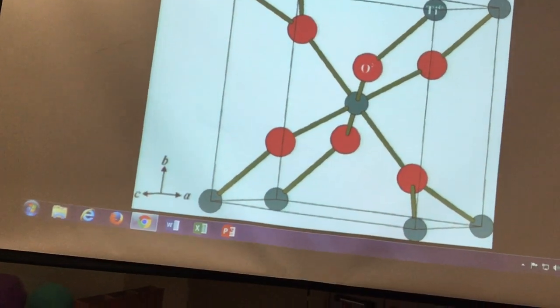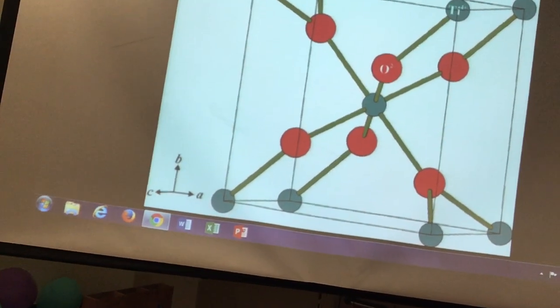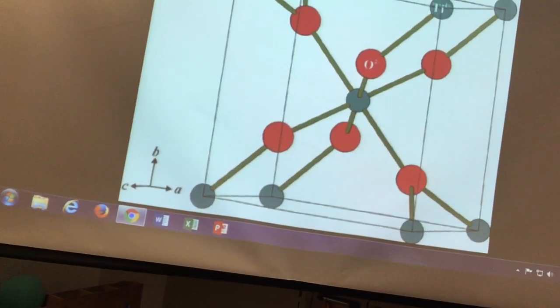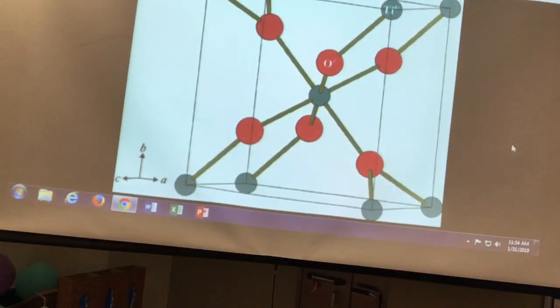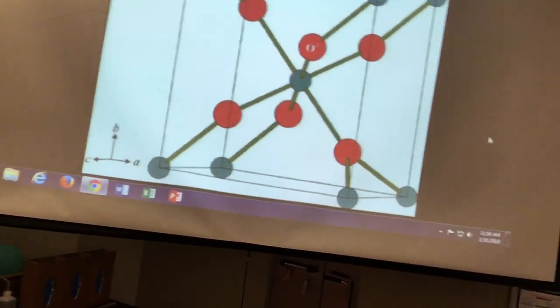And rutile turns out to be a hybrid of body-centered cubic and with tetrahedral holes. So let's take a quick look at that.